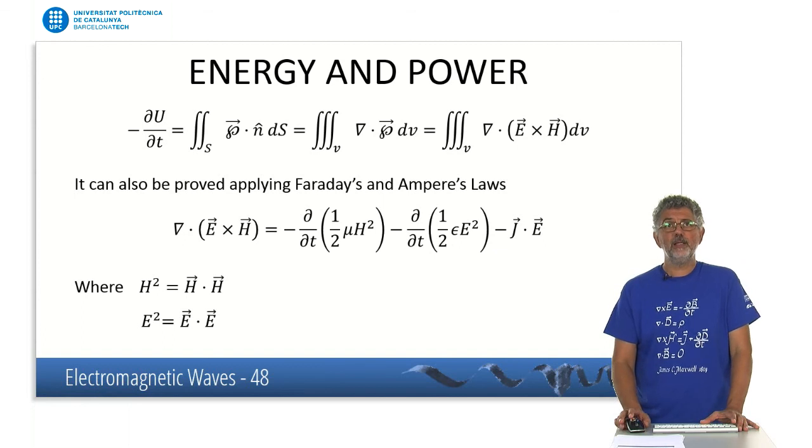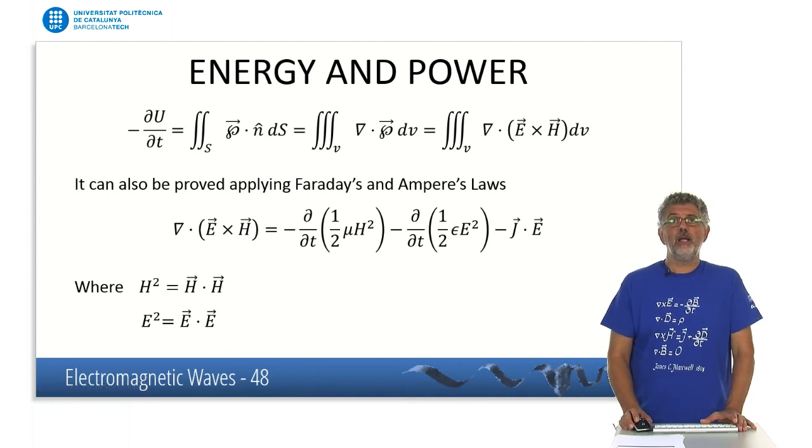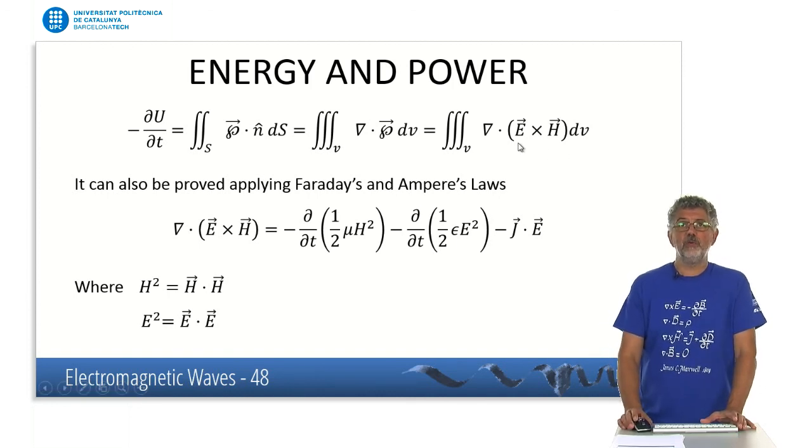To see that, we're going to do some very mathematical derivations, starting from the equation we just saw. Now, we apply the divergence theorem, and knowing the definition of the Poynting vector, we can write something like this.